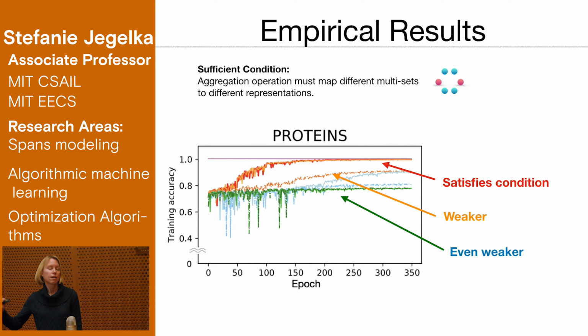So this green line lingers and is not actually getting you any accuracy whatsoever. So this is a theoretical result that shows you some fundamental limitations and some fundamental powers. It also gives you some conditions on how you actually design your networks, and that's not only theoretically guaranteed, you actually see the effects in practice too.